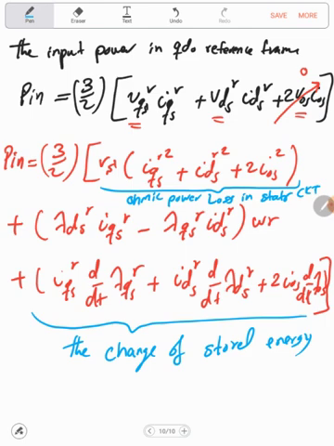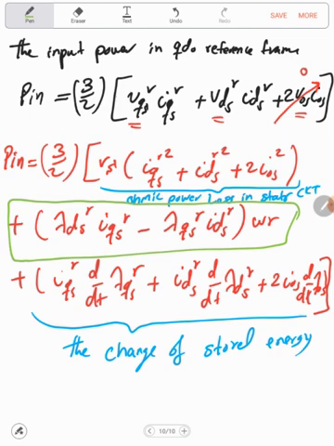So the only term that is converted to the output power is the term containing omega r. So this term is the converted power. So simply, from here we can calculate TE, which will equal the power converted over omega m.